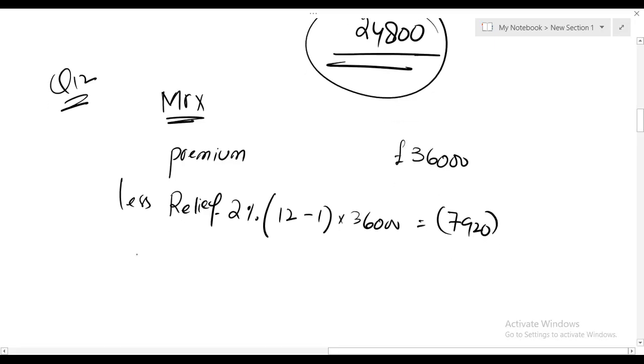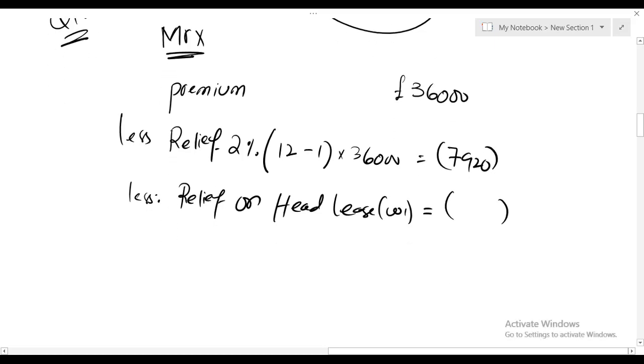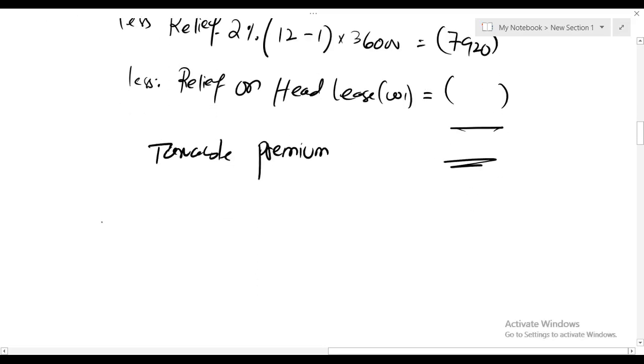Now all you need is to deduct relief on head lease, so you will get the taxable premium. So how do we calculate relief on head lease?